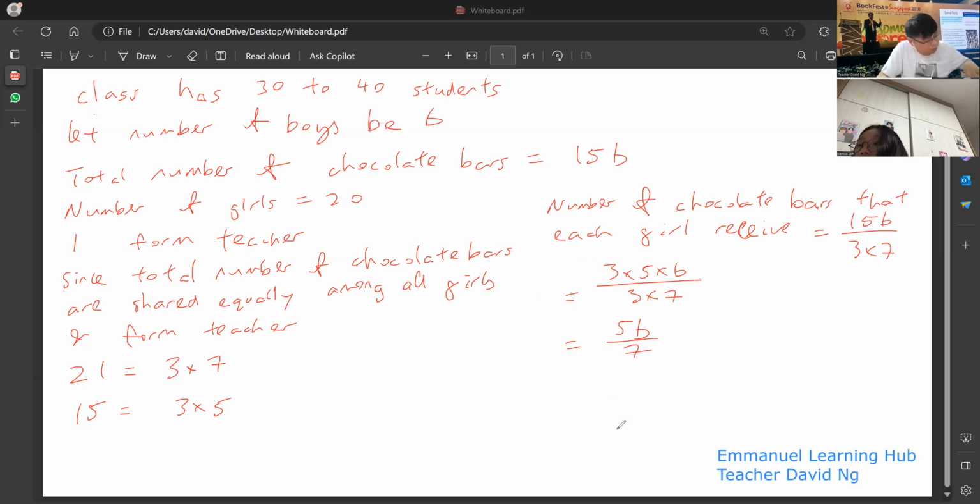No leftover. So the number of boys is B, the total number of chocolate bars is 15B. Then the chocolate bars are shared equally among 21, so no leftover, right? So your 5B over 7 is equal to K. K is a constant.